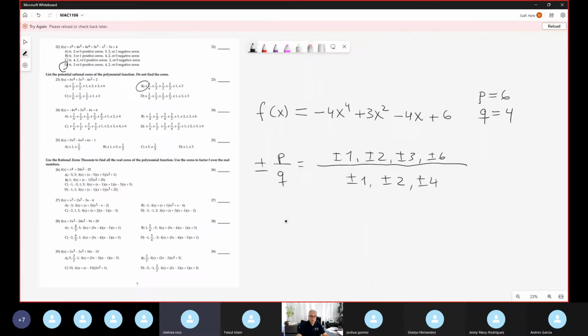Now these are the potential zeros. I propose this organization. You take the first number, the denominator, and you divide the 4 on top: plus or minus 1, plus or minus 2, plus or minus 3, and plus or minus 6, because divided by 1 is invisible. Now you get the second, 1/2.